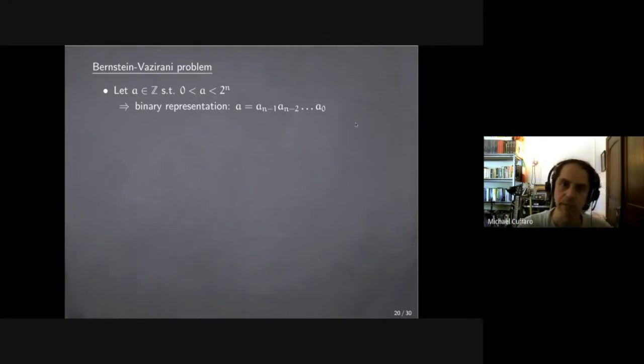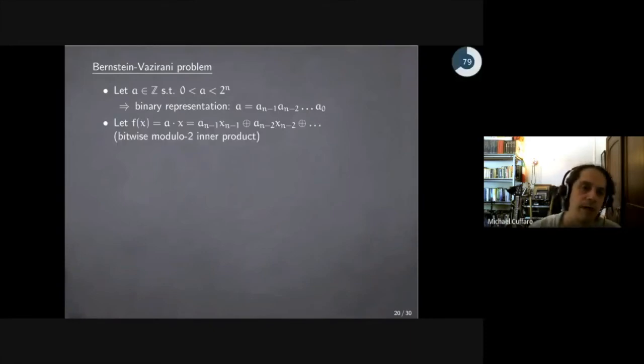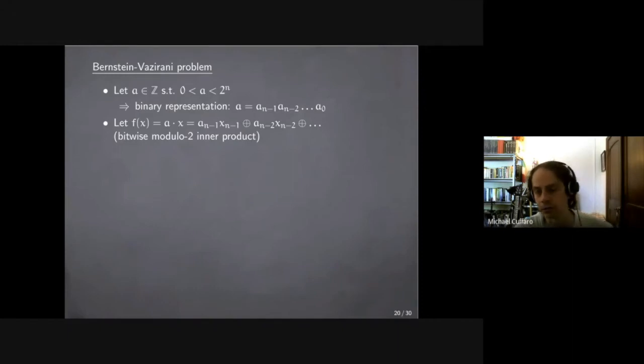Now imagine we have a function where a is held constant, and f of x takes a bitwise modulo 2 inner product of a and x. It's an inner product, just like all the other inner products that you know and love, except that instead of addition, we use modulo 2 addition, otherwise known as exclusive OR.